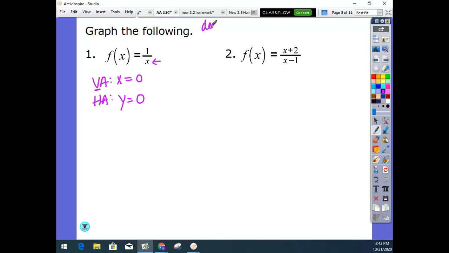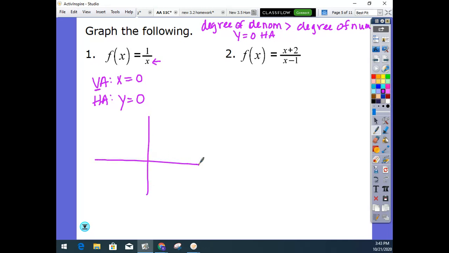If the degree of the denominator is greater than the degree of the numerator, y equals 0 is your horizontal asymptote. Okay, so then we put in our asymptotes where x equals 0 and y equals 0.